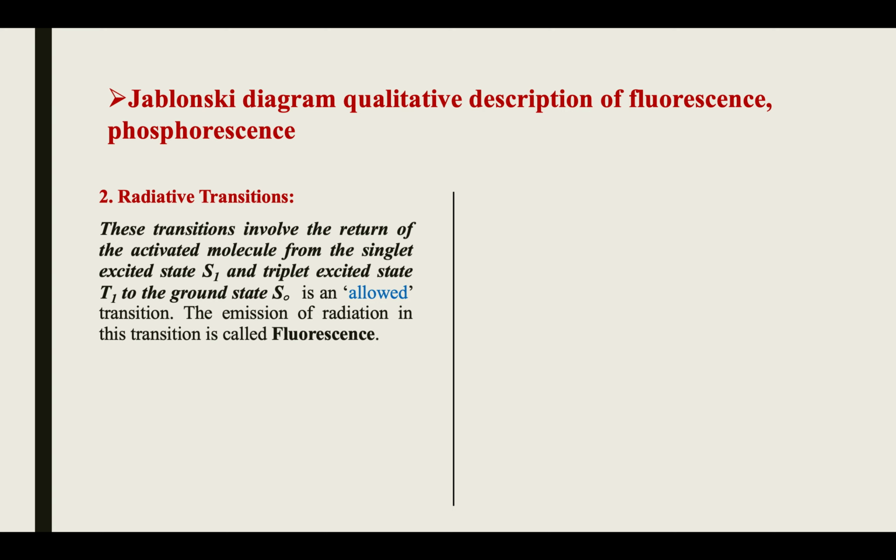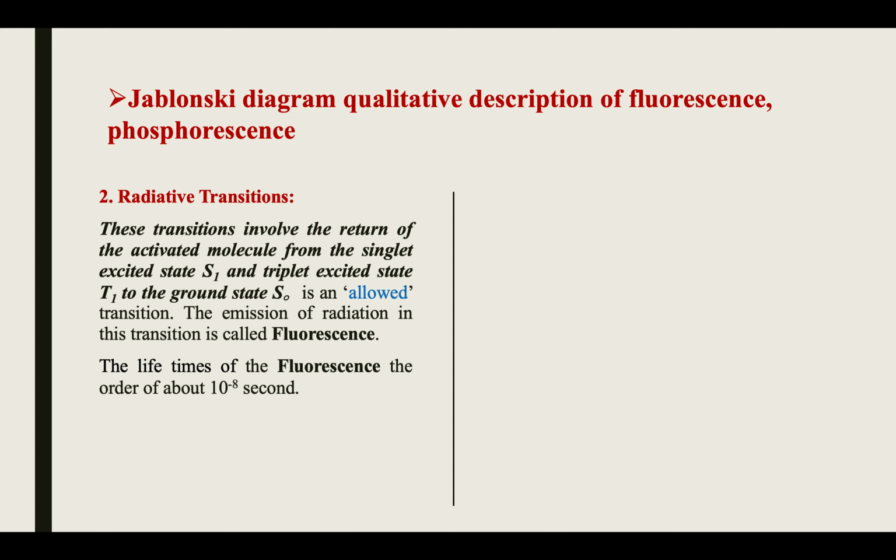These transitions involve the return of the activated molecule from the singlet excited state S1 and triplet excited state T1 to the ground state S0. If a molecule in the T1 or S1 state comes to the ground state, we call it a radiative transition. These transitions are spectroscopically allowed. The emission of radiation in this transition we call fluorescence.